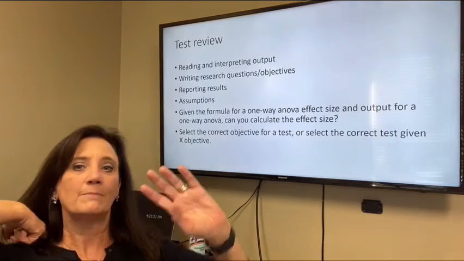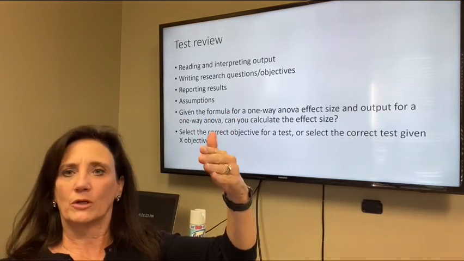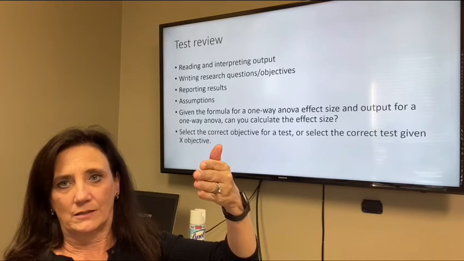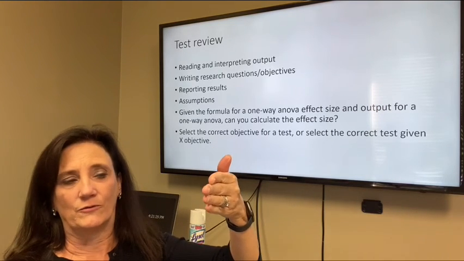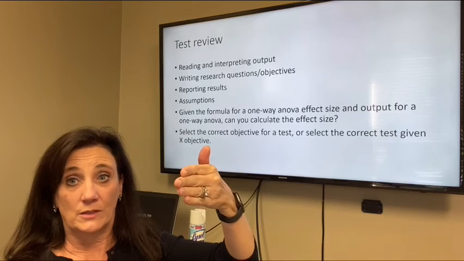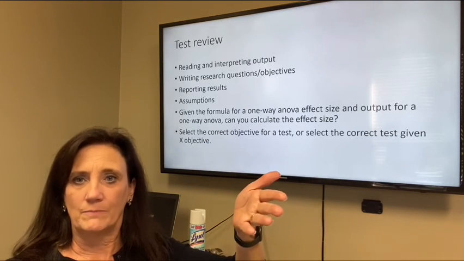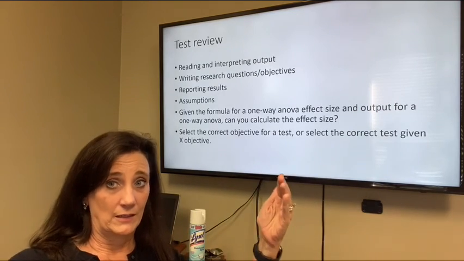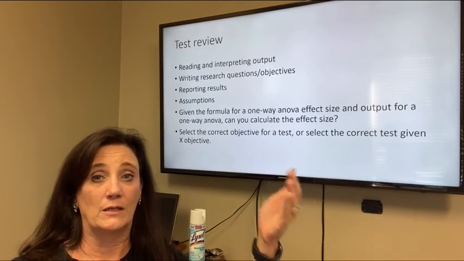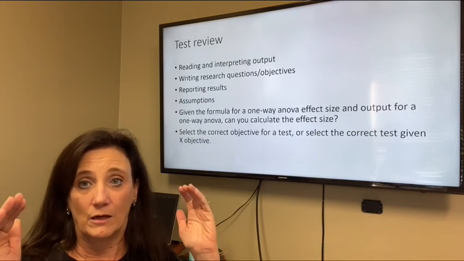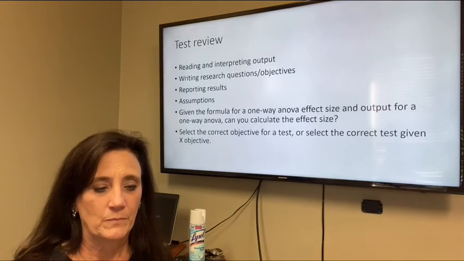So for instance, if I put the assumptions for one-way ANOVA up there, and I said, which one of the following is not an assumption of one-way ANOVA? And one of the options was sphericity. Well, that one would be the one that's incorrect, right? Because homogeneity of variance is the assumption for one-way ANOVA. Sphericity is actually the assumption for repeated measures ANOVA.